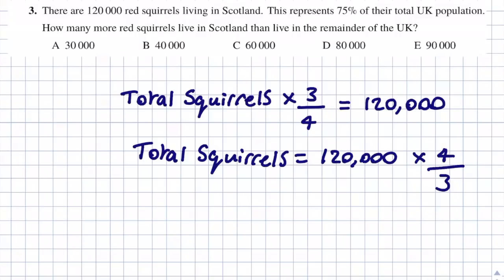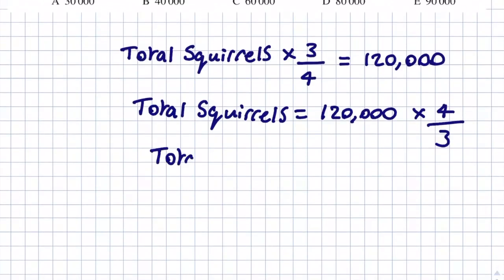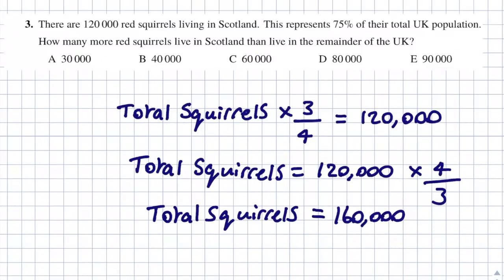Well, we do 120,000 divided by 3, we get 40,000, and then 40,000 times 4 is 160,000. So total number of squirrels is 160,000.